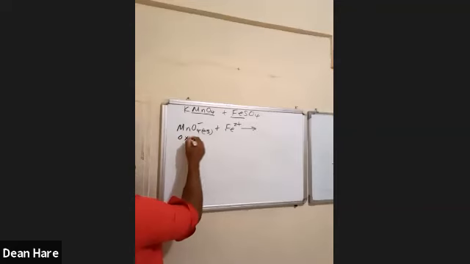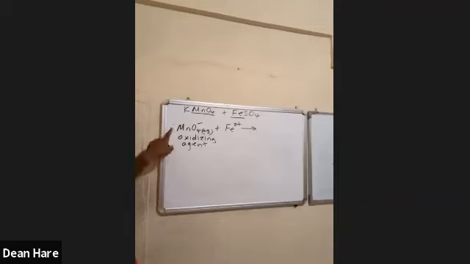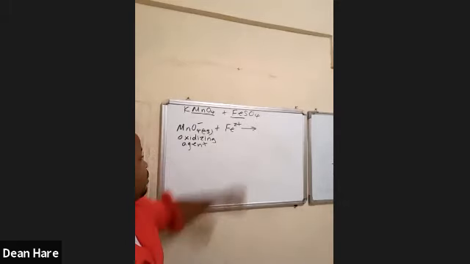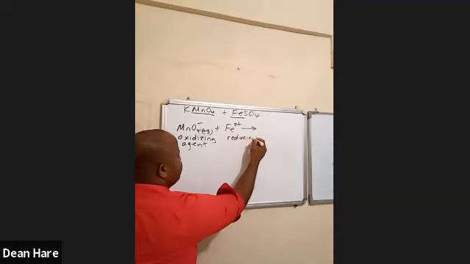So hold on. Potassium permanganate is the oxidizing agent. And it is a redox reaction, so which reagent is Fe2+? Reducing. All right, so this is the reducing agent.